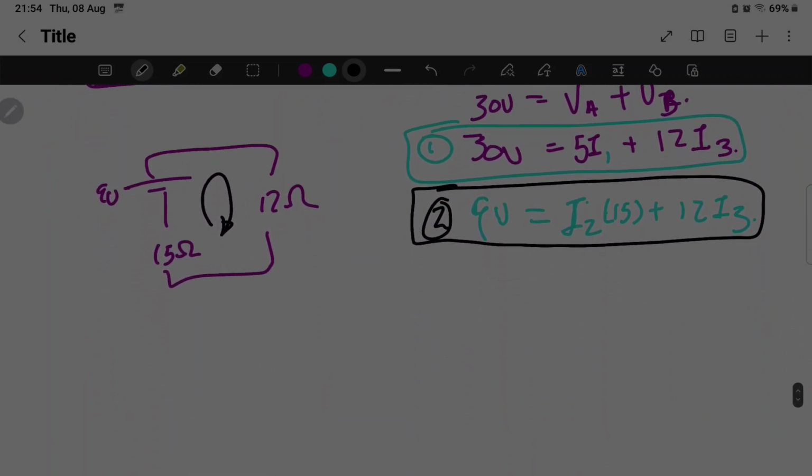Okay, so now we're going to unpack this.